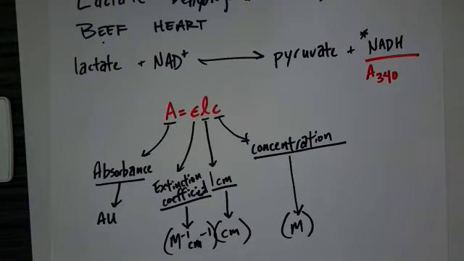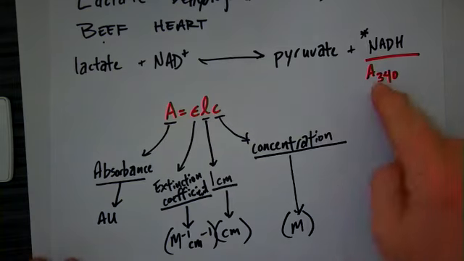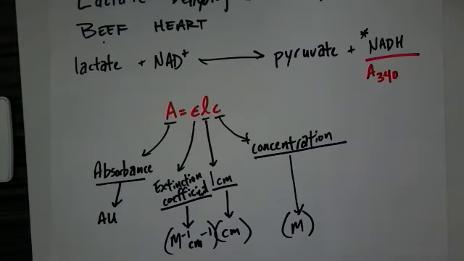So what we'll be looking for is an increase in absorbance of light at 340 nanometers. If that number increases, what does that tell us? Well, that tells us we've generated more NADH. This can be done in a reversible way. We could have this cell extract and pump a bunch of pyruvate and NADH in there. And what would we see?